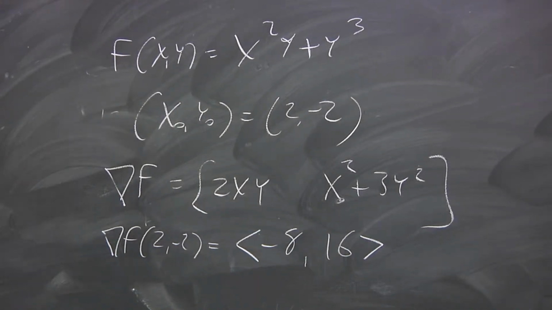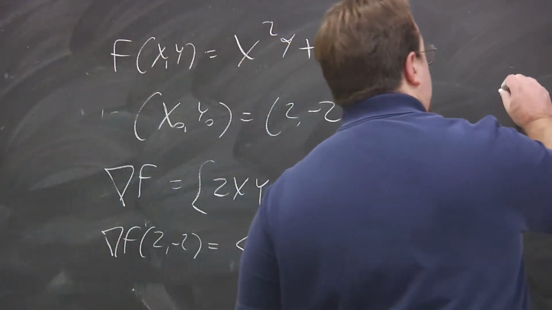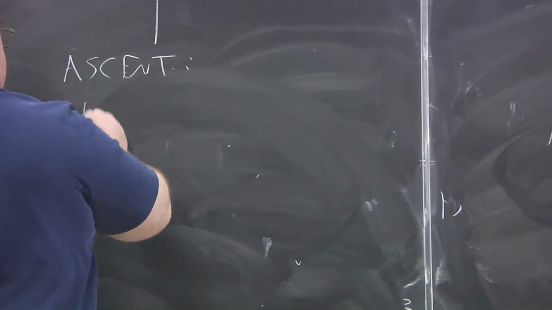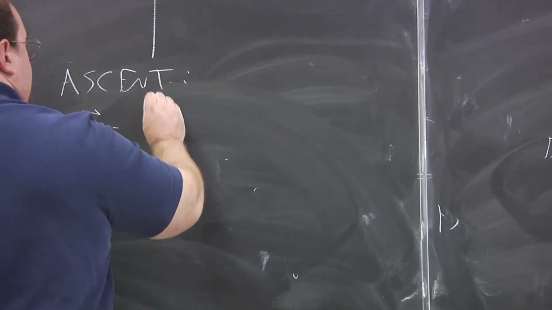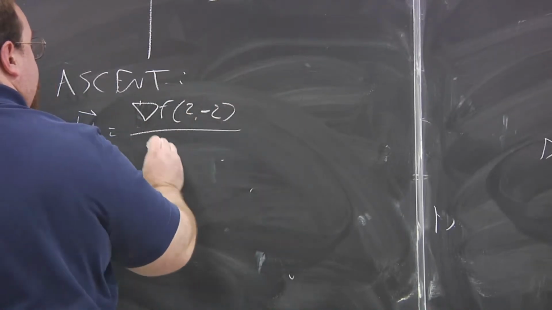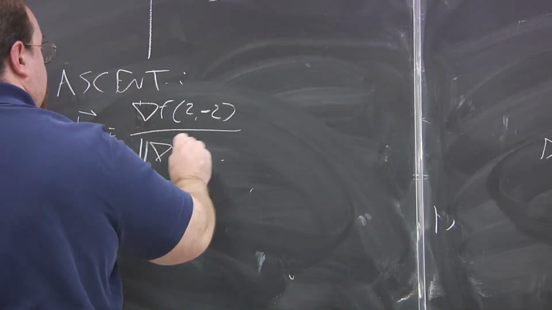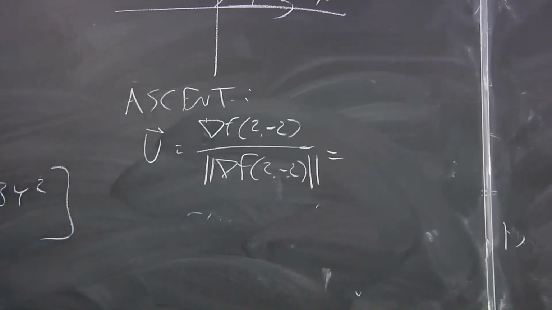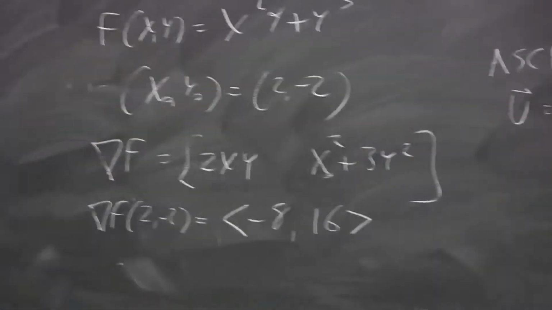So now, if you look at the directions of steepest ascent and descent, the direction would be the gradient at this point divided by its length. So it amounts to normalizing this vector.